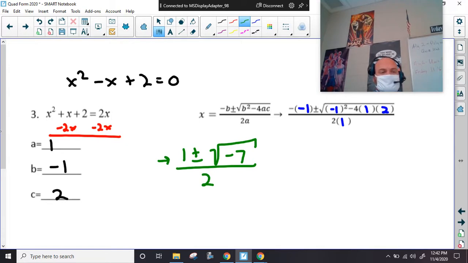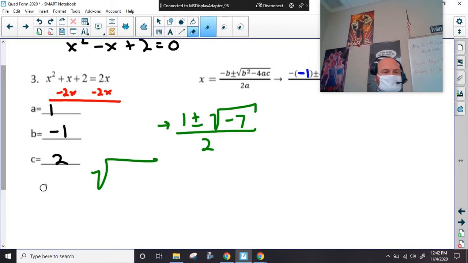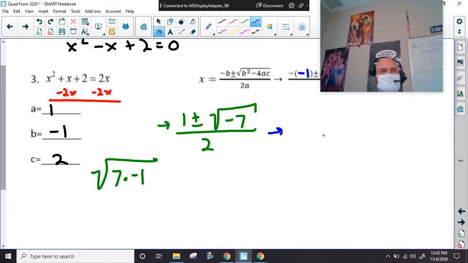Now, the square root of negative 7 can be broken down like this: 7 times negative 1. What is the square root of negative 1? i. So that's the only thing we can take out. Well, we can't take the square root of 7. So this is just 1 plus or minus i root 7, over 2.